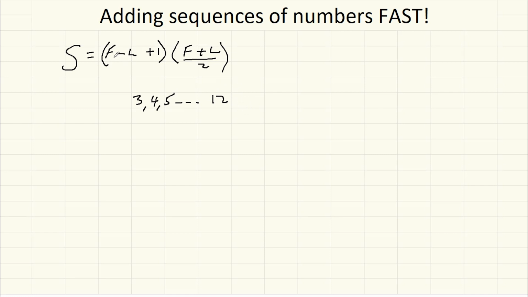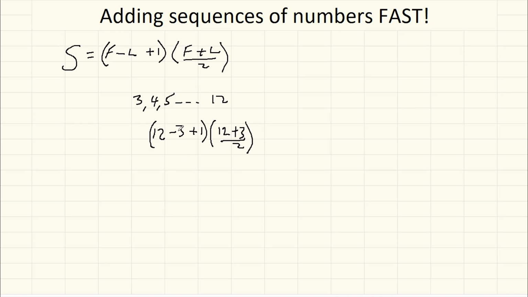Okay, first term less the last term plus 1. I'm going to choose this as the first term. It doesn't actually matter which way we go. So the first term is 12, the last term is 3, and plus 1, multiplied by first term plus the last term, which is 12 plus 3, divided by 2.